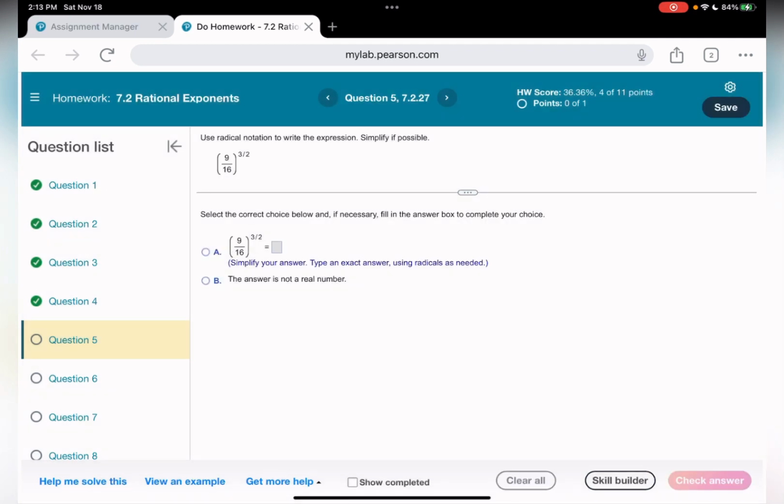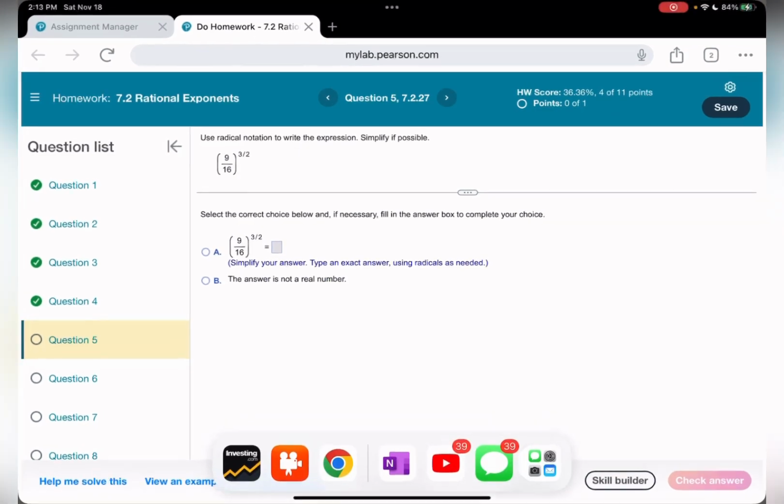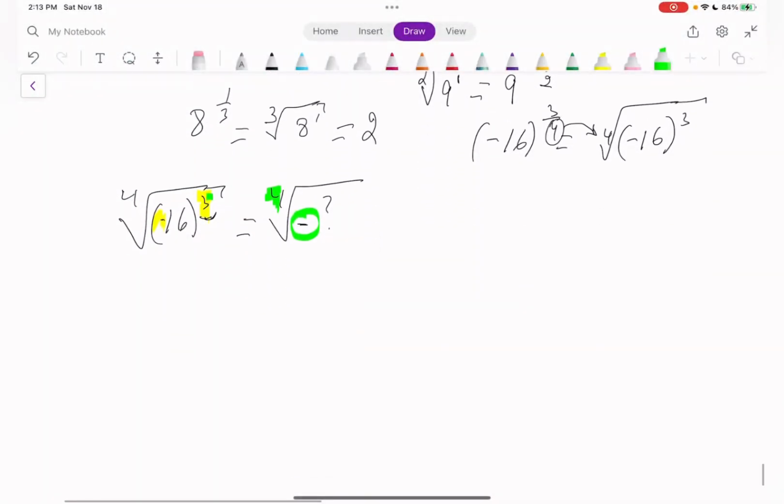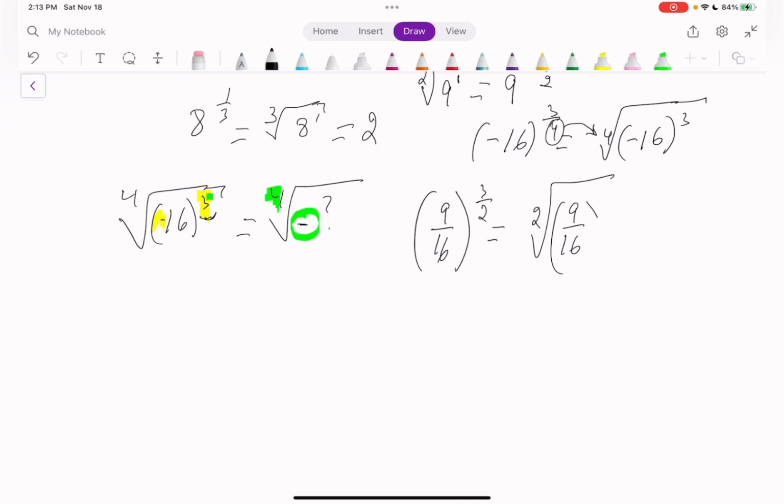So 9 over 16 to power 3 over 2. This is going to be, these 2 comes here, and 9 over 16 to power 3. This is the case that I can explain to you.